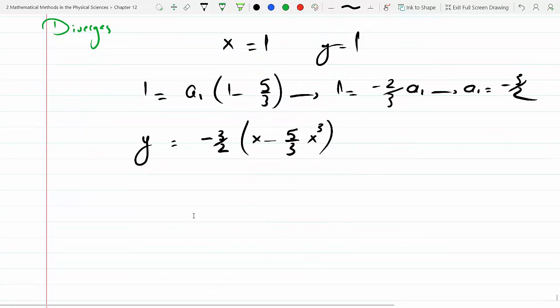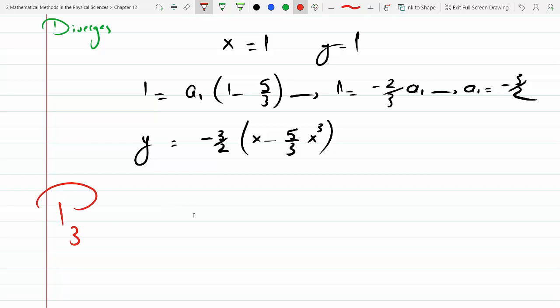So the next Legendre polynomial, P3 of x, if you FOIL this, you will get 5/2 x cubed minus 3/2 x.